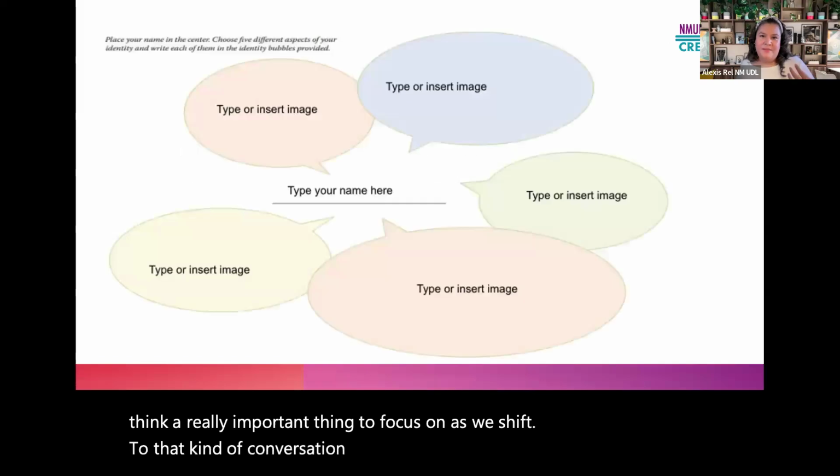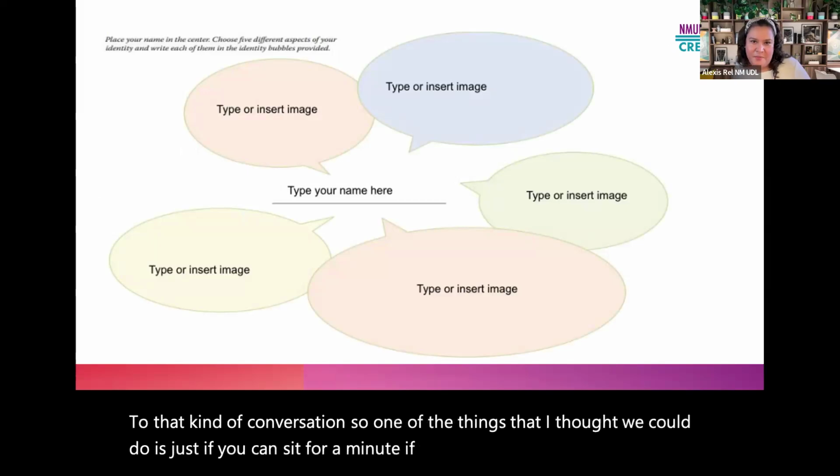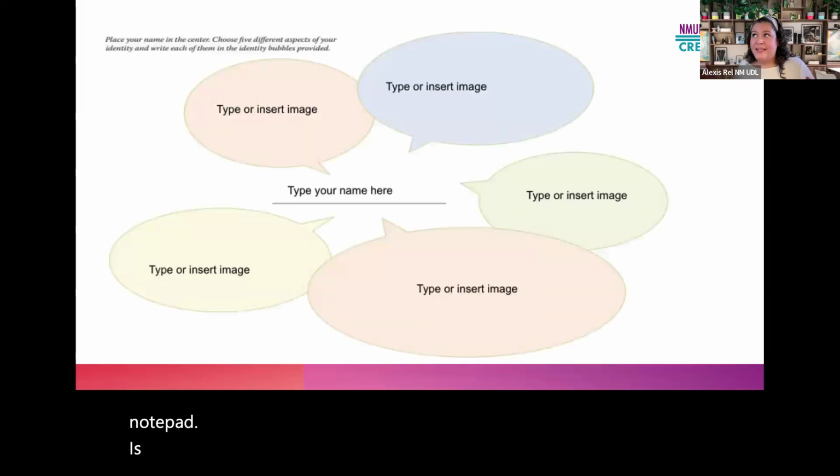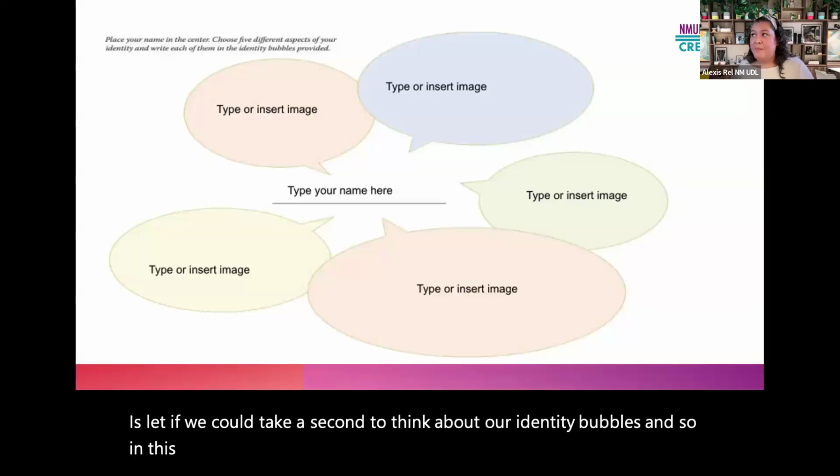So one of the things I thought we could do is, if you can sit for a minute, if you have a piece of paper or a notepad, take a second to think about our identity bubbles. In this example, I might write my name in the center.